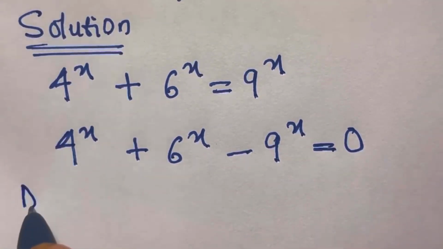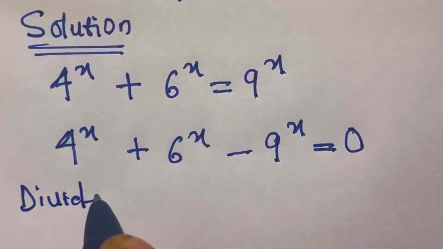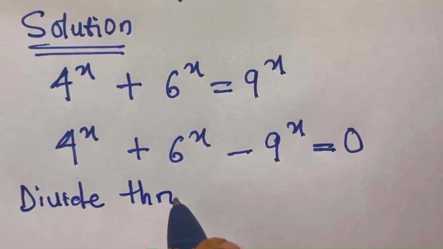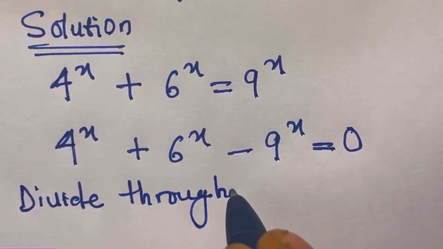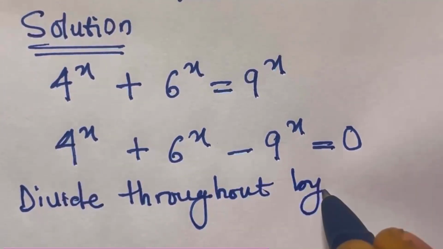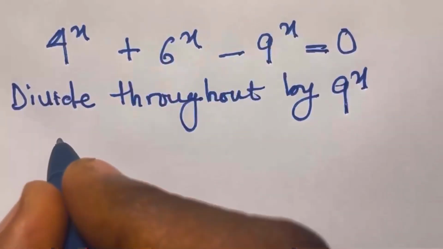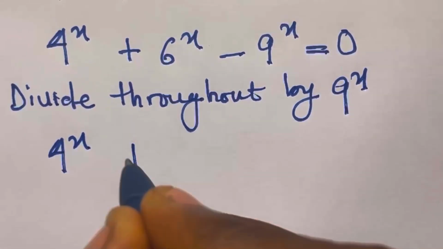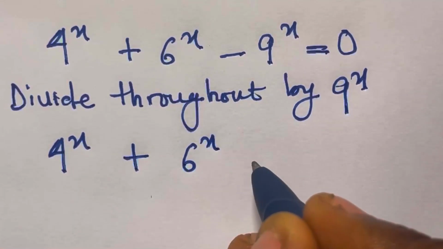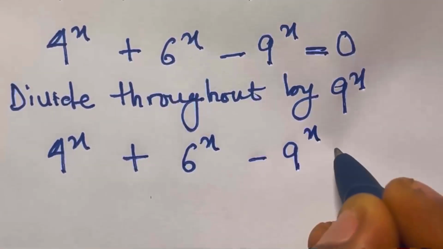We say divide throughout by 9 raised to the power x, and if you do, we'll have 4 raised to the power x plus 6 raised to the power x minus 9 raised to the power x equals 0.